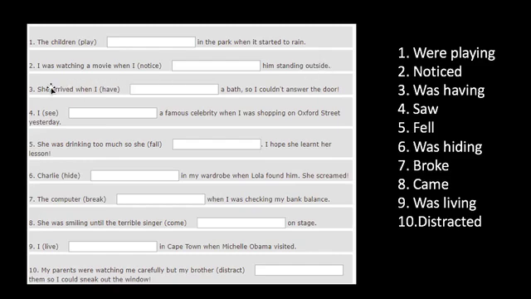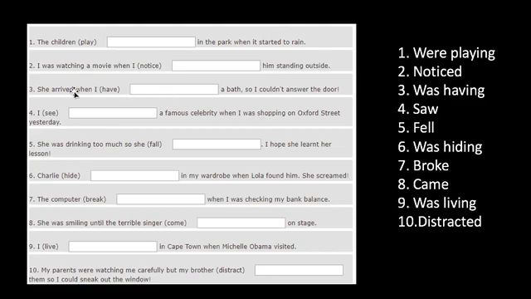For number 3, she arrived when I... No, I was having a bath, so I couldn't answer the door. Remember, when we use this, it's because one action was interrupted by another one.